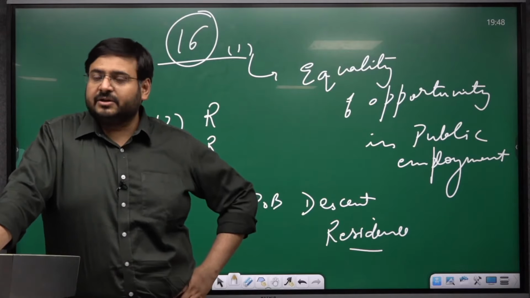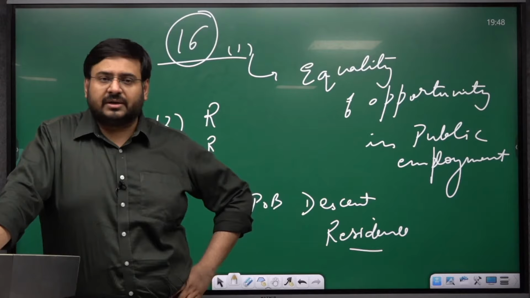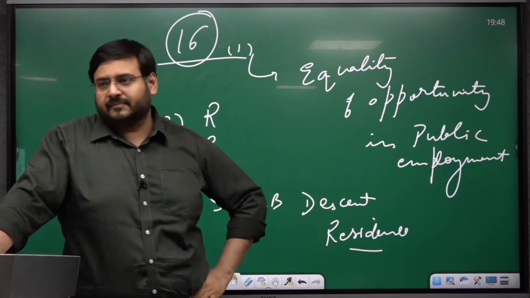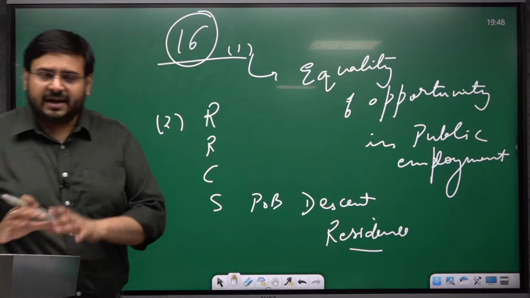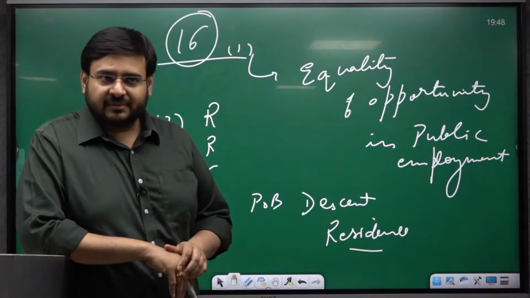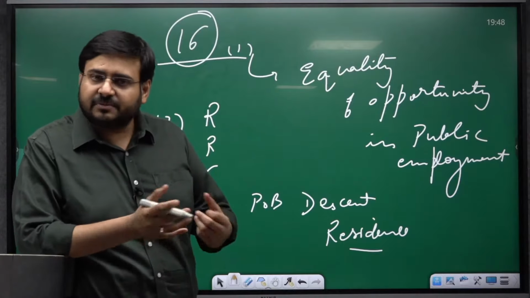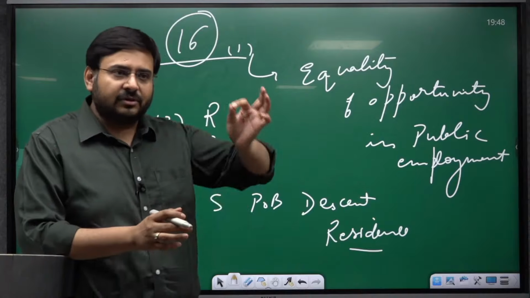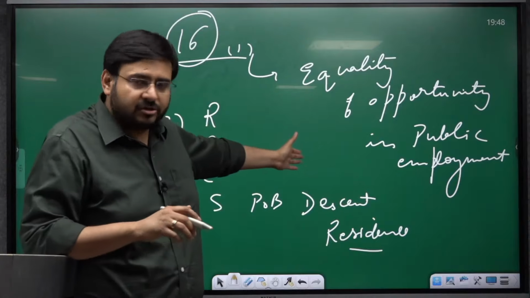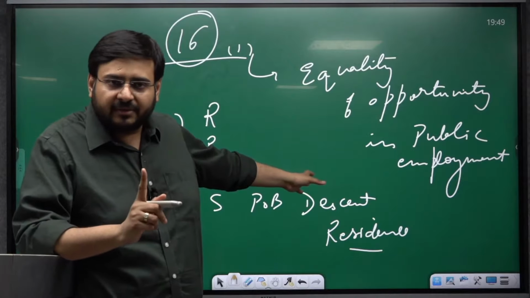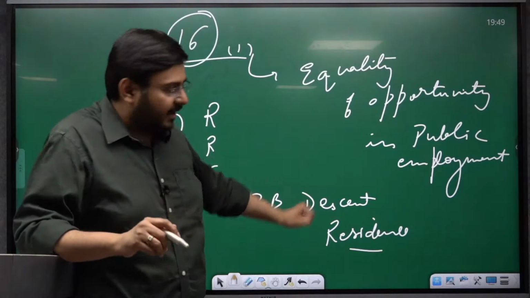No. But if they say you will not be allowed to give the exam because you are not a resident of Kerala, that will be a violation of Article 16. That is why wherever you know the language, you can give that government exam. Yes or no? That is why the aspirants do the Bharat Darshan in this way. Wherever they know the language, they are allowed to give the exam because of equality of opportunity in public employment. Is it clear? Very good.